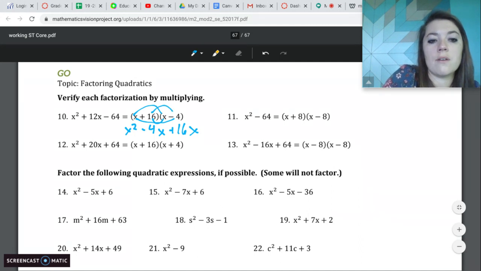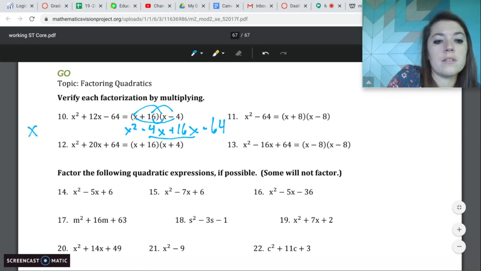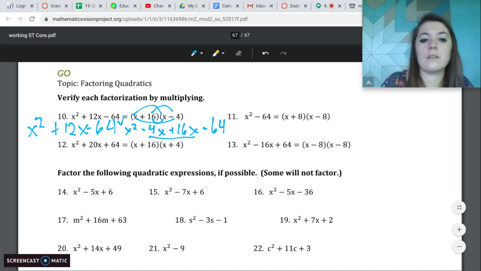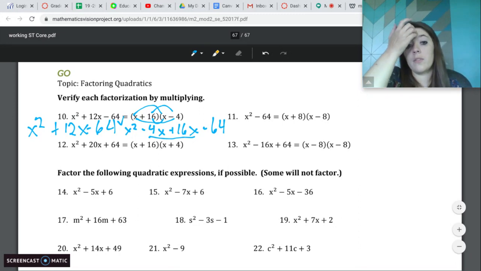And 16 times negative 4 will give us negative 64. Negative 4 plus 16 will give us positive 12. So we have x squared plus 12x minus 64. So yes, we verified. They are the same.